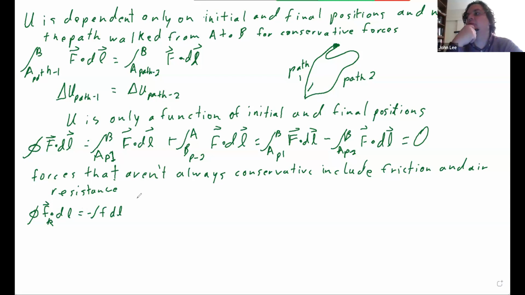It's always going to be pointing in the opposite direction of the path. So this is just going to be equal to negative Fk, the magnitude, times dl, which is equal to negative Fk times the length of the path. So as you go in the circle, that isn't going to equal zero, therefore it's a non-conservative force.